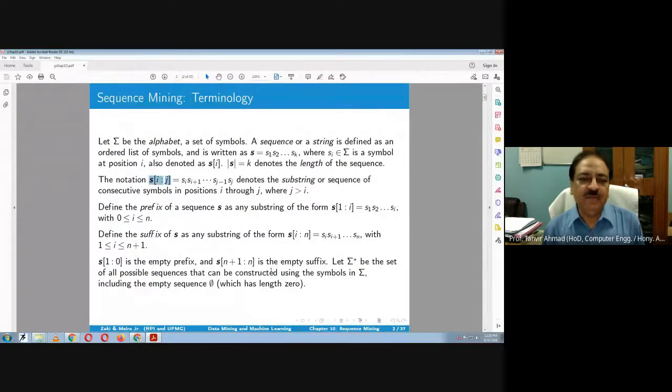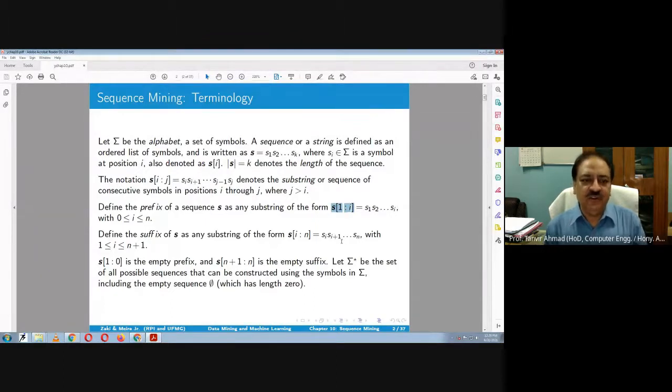Now if I define the prefix of the sequence S, the prefix will go from S1 to Si, such that i is greater than or equal to 0 and less than or equal to n. That means this small s is a substring of the previous sequence.